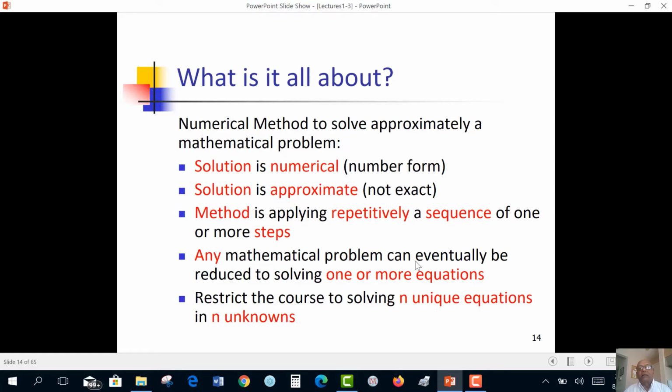Any mathematical problem can eventually be reduced to solving one or more equations. So that is what we are going to learn, how to solve one or more equations. Since we are interested in getting unique answers, we'll restrict our course to solving always n unique equations in n unknowns. That way we will have a unique solution.